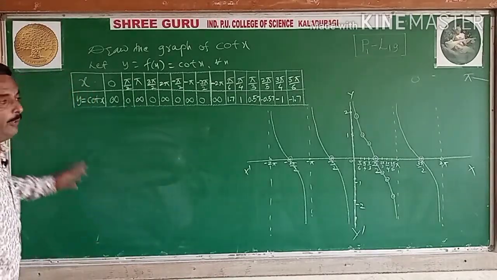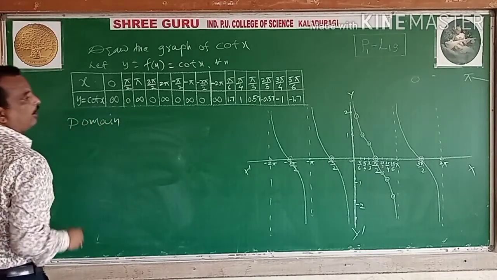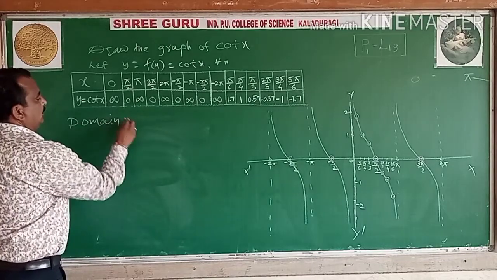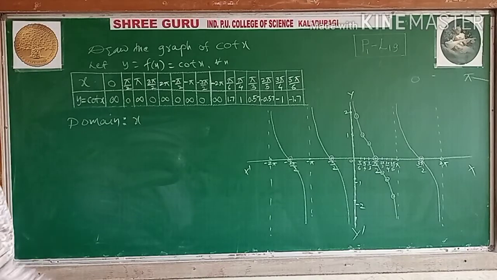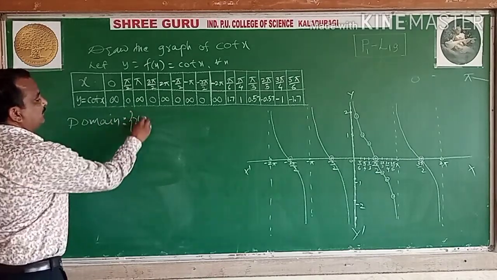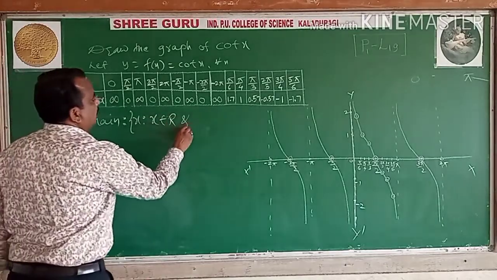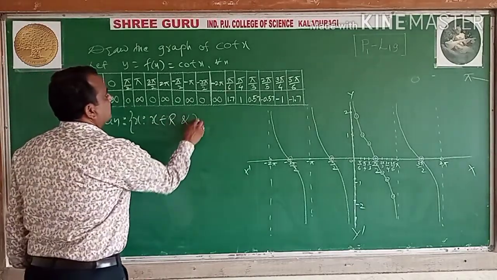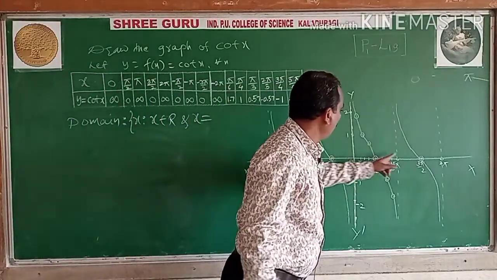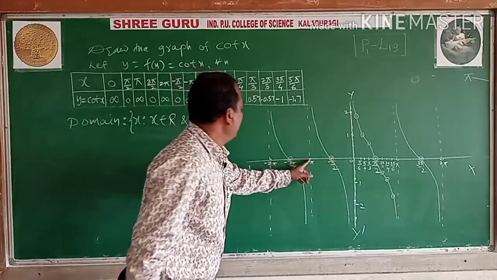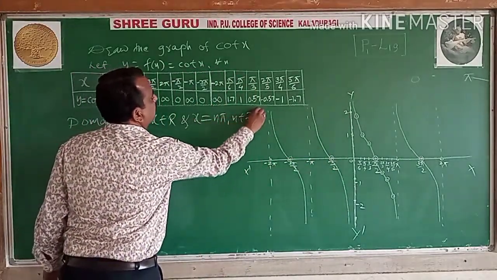The domain is the set of x such that x belongs to R, real numbers, and x is not equal to 0, pi, 2 pi, minus 2 pi; x is not equal to n pi, where n belongs to the set of integers.